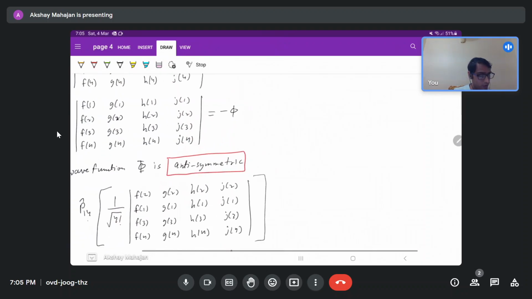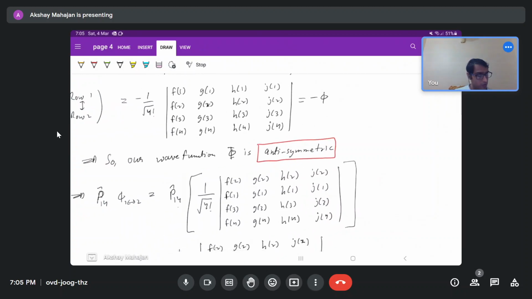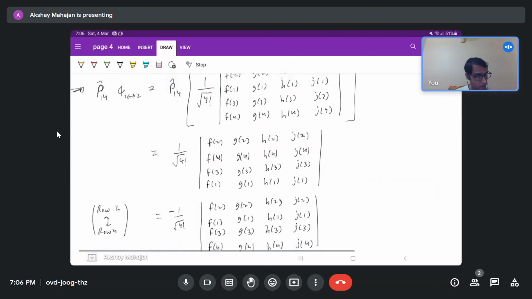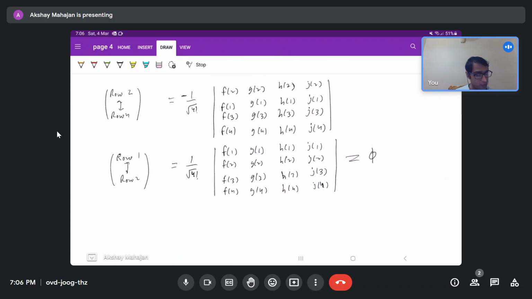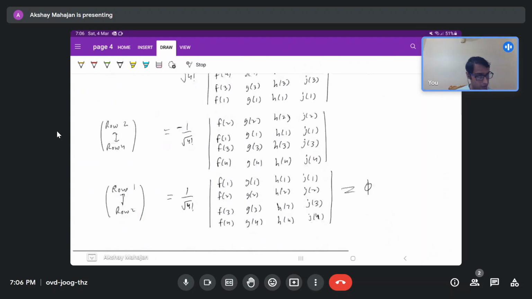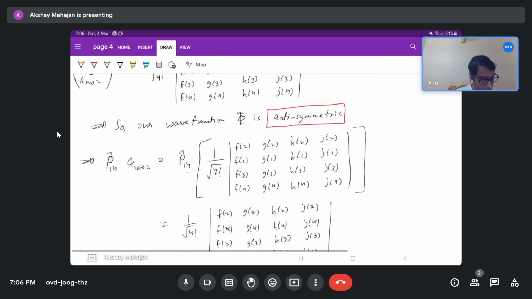If you do one interchange, where you change two electrons, like electron 1 and 2, then you will get a minus sign. If you do another interchange, say again interchange 1 and 4, then you will get your same wave function. So our wave function formed by the Slater determinant is antisymmetric. And this is how you can apply these permutations on the Slater determinant as well. You have to interchange the rows.